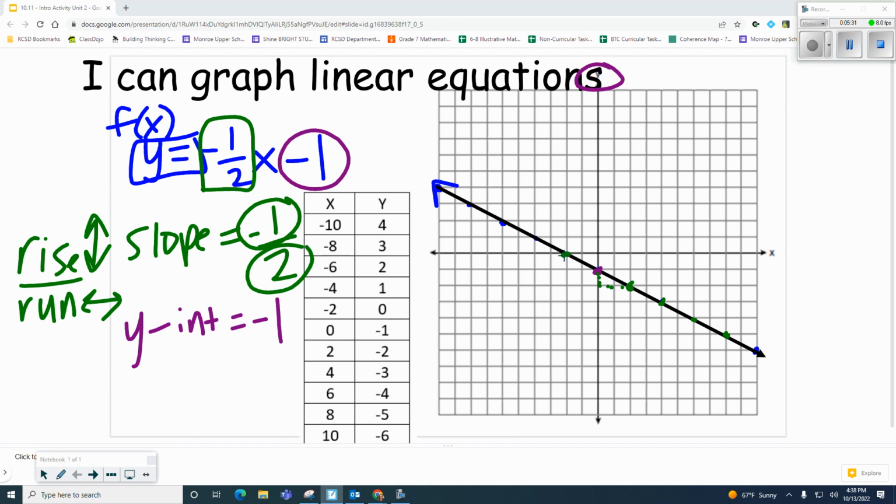Because if I'm going up, that's positive 1, but left is negative 2, so I still end up with negative 1/2. If the negative is either in the numerator or the denominator, it makes the whole fraction negative. So I could keep continuing that pattern this way as well. And as you can see, it's the exact same points that we already plotted. So you can choose whichever way works best for you.